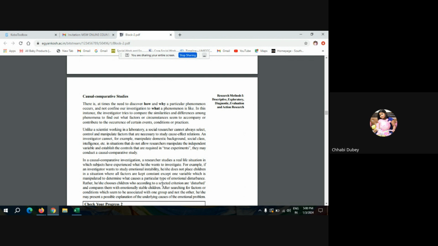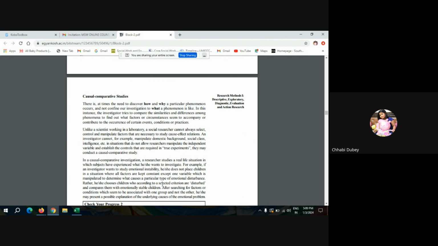For example, if an investigator wants to study emotional instability, he or she does not place children in a situation where all factors are kept constant except one variable which is manipulated to determine what causes a particular type of emotional disturbance. Rather, we choose children who, according to selected criteria, are disturbed, and compare them with emotionally stable children.